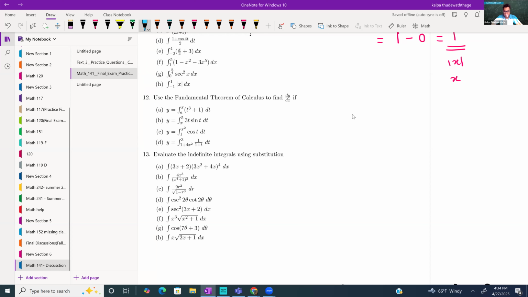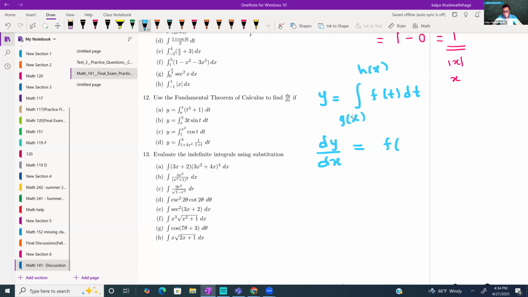If you have a function y given as the integral of f of t dt, from a function, let's say g of x, to h of x, and you need dy over dx, we can define it as follows.